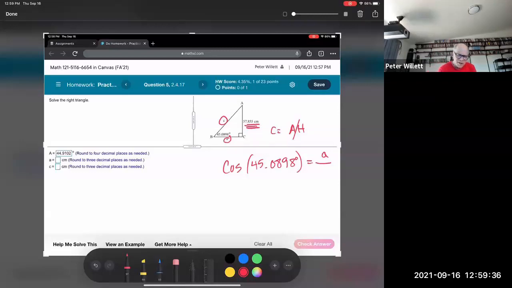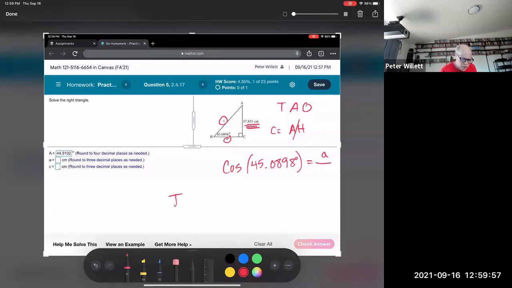So actually, I need to draw back on that. Instead, we want to use the A side, the adjacent, and we want to use the opposite side because we know the opposite side, but we don't know the adjacent side to the angle. And so that means we need to use the tangent for the TOA, except I just got it reversed. All right, I'm messing this up.